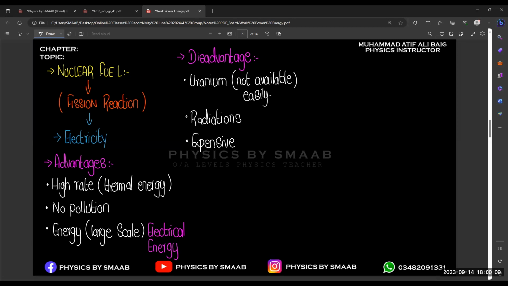That also produces a very high risk in the form of radiations, and it will expand just like the concept of the atom bomb, right?